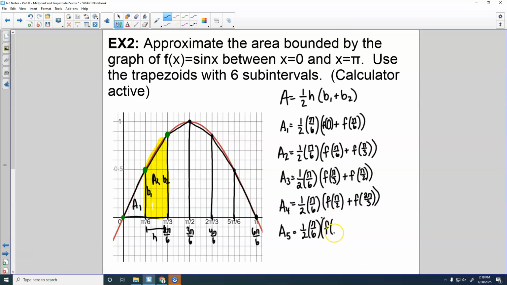This one's going to be f of 2 pi over 3 plus f of 5 pi over 6. And our last one is also really a trapezoid, triangle, but we can just treat it like it's still a trapezoid. One of those bases is being 0. So I've got f of pi over 6, 5 pi over 6 plus f of 0.